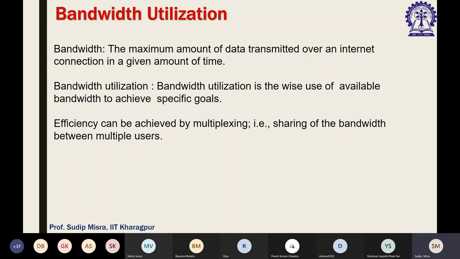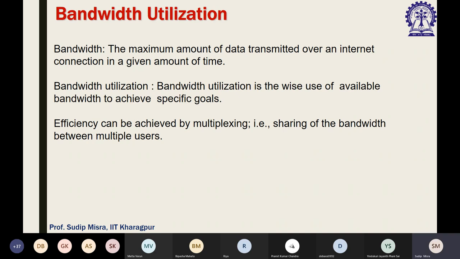So once again, what is bandwidth? Bandwidth talks about, from the lowest frequency to the highest frequency, how much data can be transmitted over the channel. So the maximum amount of data that can be transmitted over a particular link in a given amount of time is what defines bandwidth.